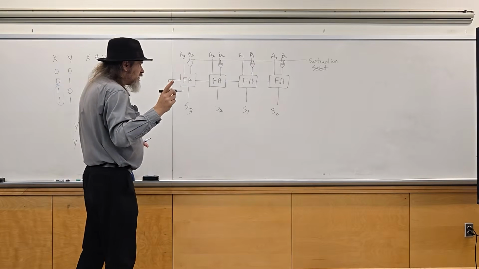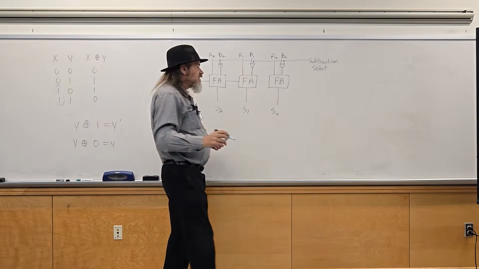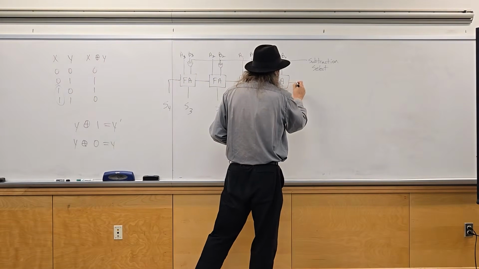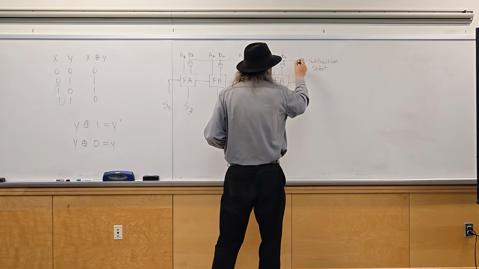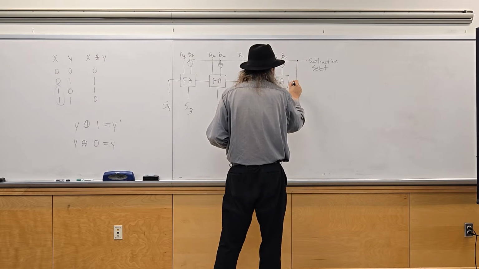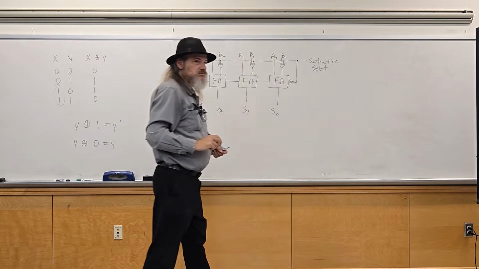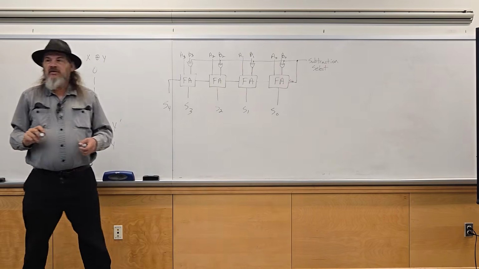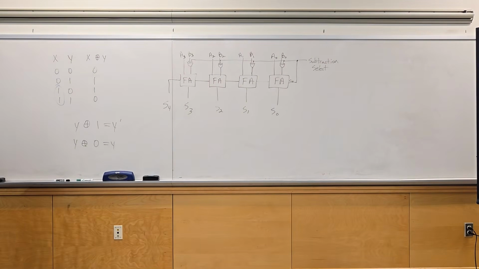But inverting the bits isn't the whole story. Like he said, you add 1. So you run the selection line into the carry in of your first full adder. That adds 1 to the B argument.